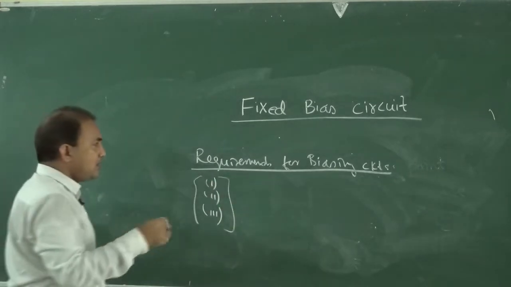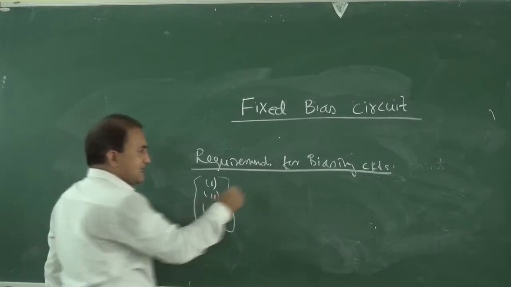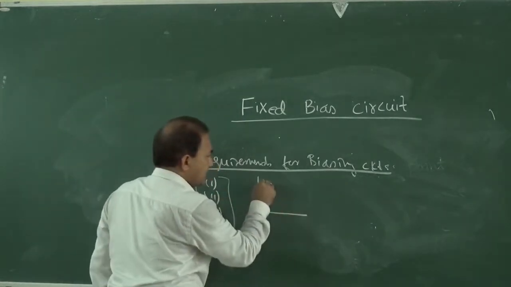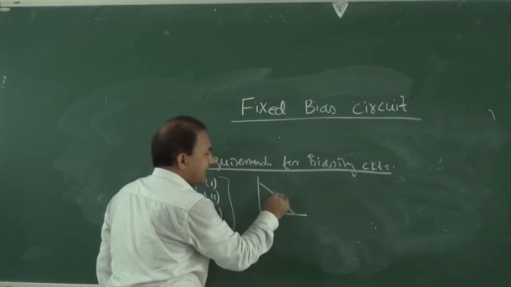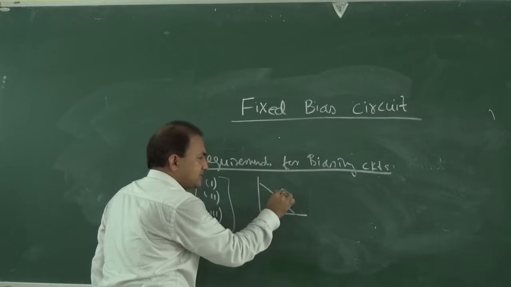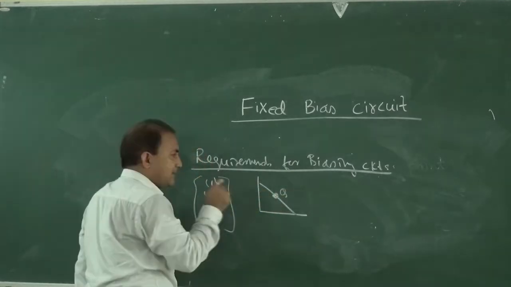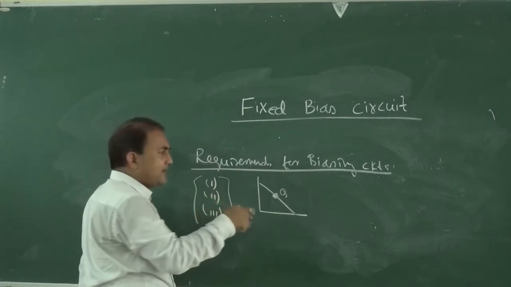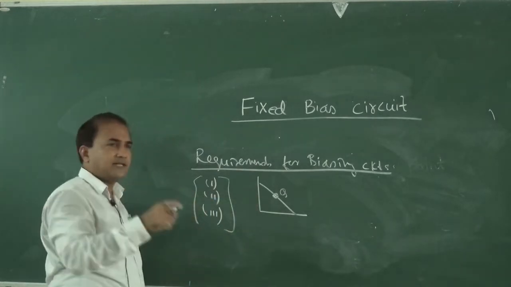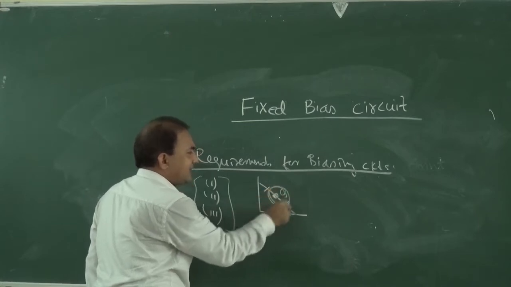A biasing circuit is generally used for fixing the operating point. This operating point is fixed before the application of the input signal, and after the application of the input signal it should also lie in the active region.